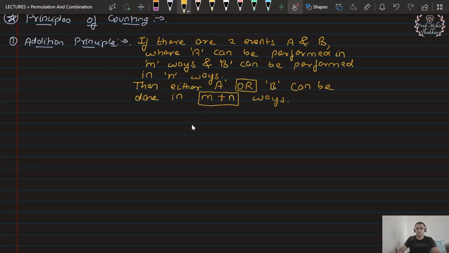Whenever we come across the word or, we will always use addition of the number of possibilities. Let us understand this with the help of a very simple example.